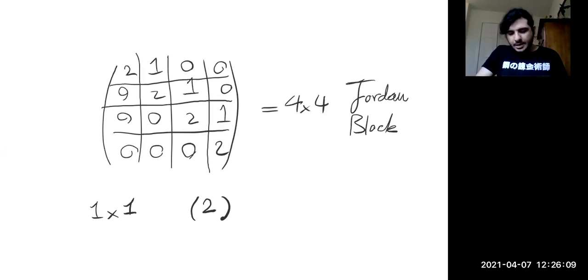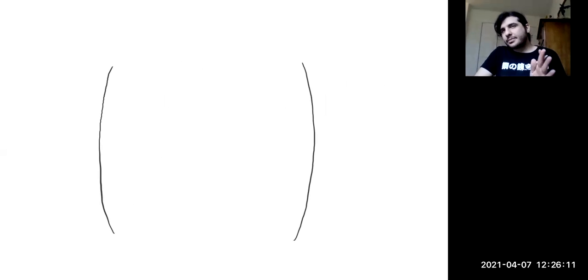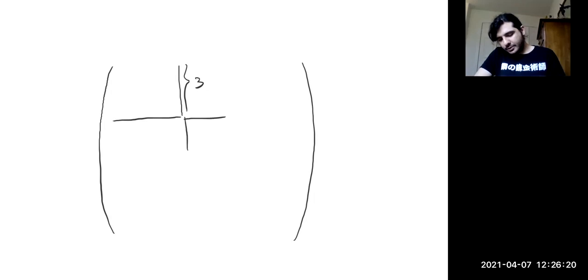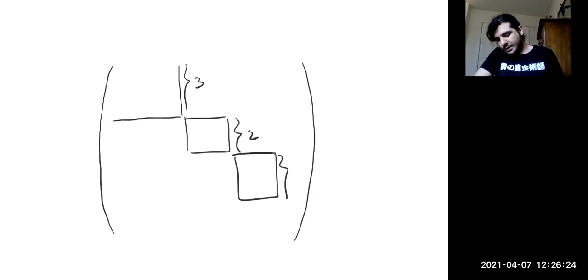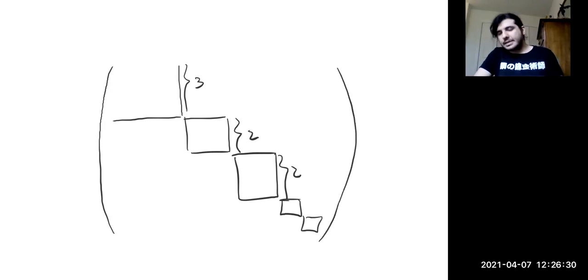Great. So for this matrix, for example, let's say we have a 3 by 3 Jordan block here, then a 2 by 2 Jordan block here, another 2 by 2 Jordan block here, and two 1 by 1 Jordan blocks. We would say this matrix is in Jordan form.